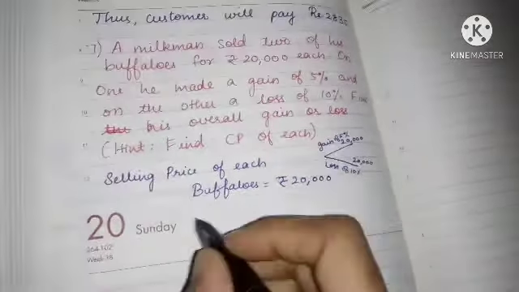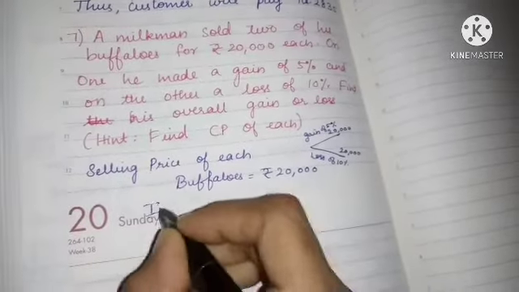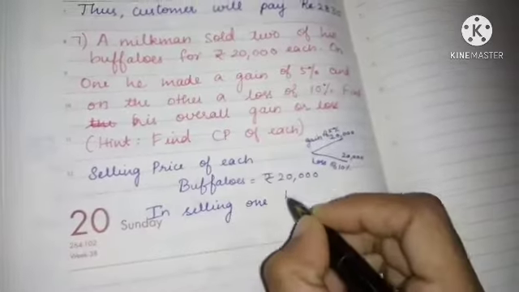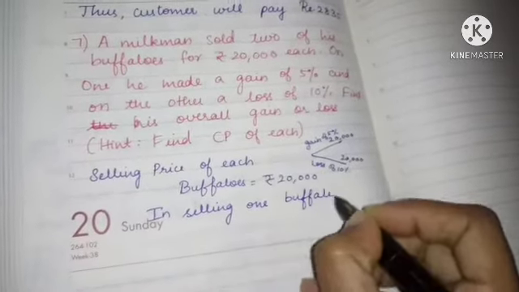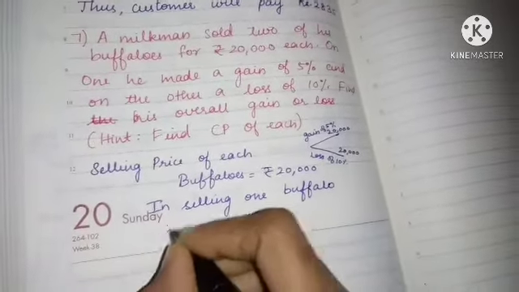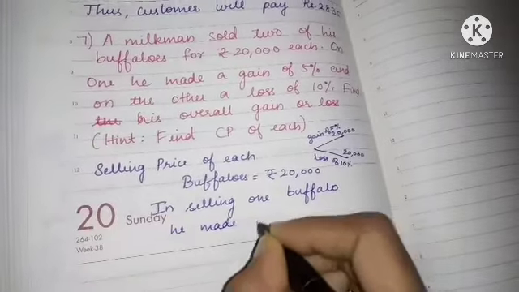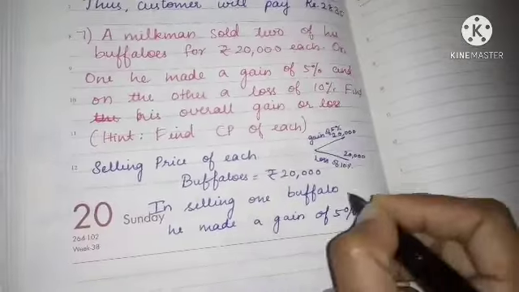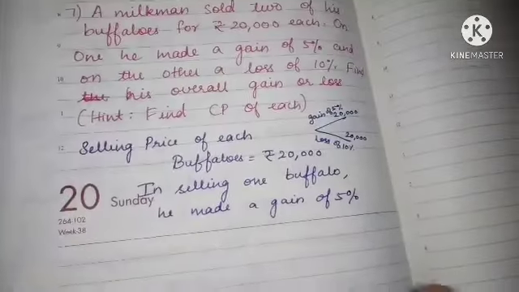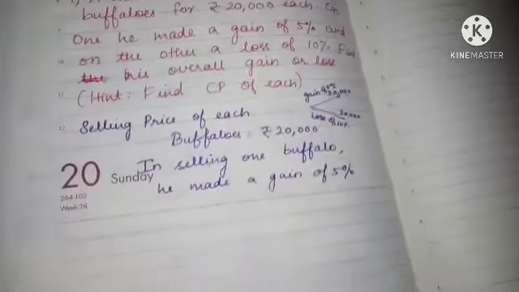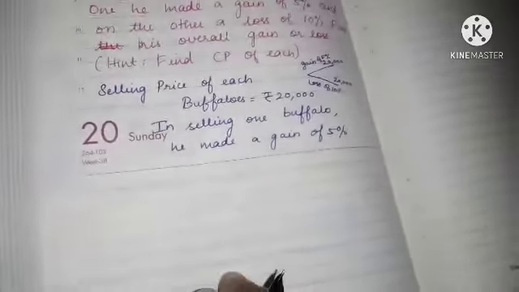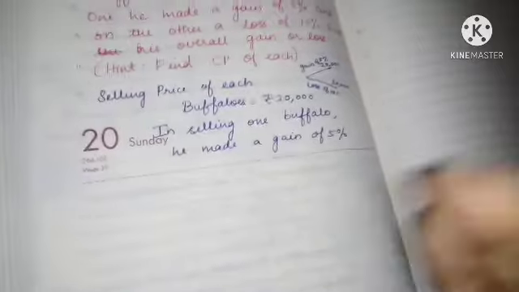So first, in selling one buffalo, he made a gain of 5%. Okay, in selling one buffalo, he made a gain of 5%. So what will be the cost price and selling price based upon this 5%? Gain means what? Profit.